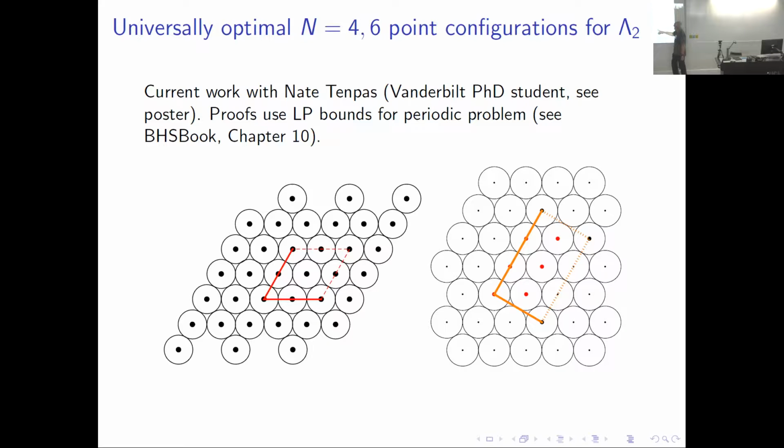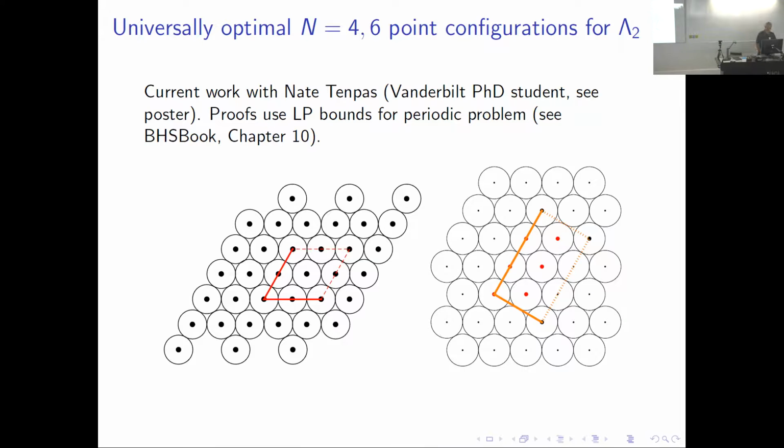Of course, if we could take either one of these and then take a family that scale those up, then that would be sufficient for the full lambda 2 universal optimality, but we're probably a little bit away from that, and probably other methods will come before we finish that, but who knows? Okay.